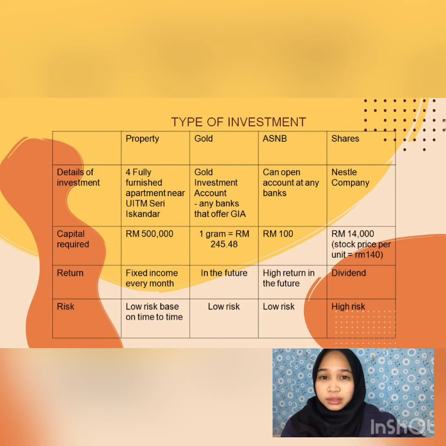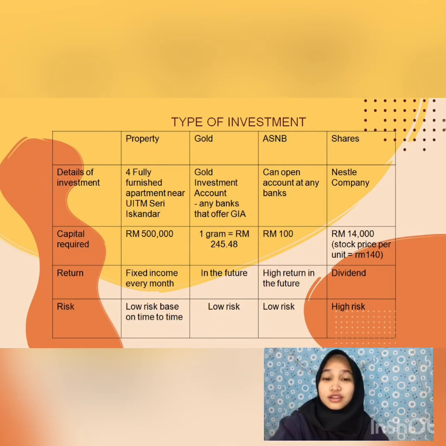The requirements to open an ASP account are that you must be 18 years old and above, Malaysian, and all the documents must be original. For example, if we keep RM50,000 in ASP for the next 25 years, the money will increase.